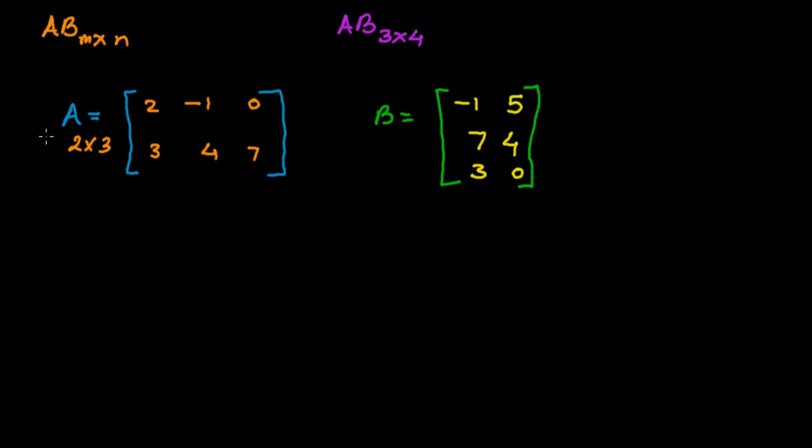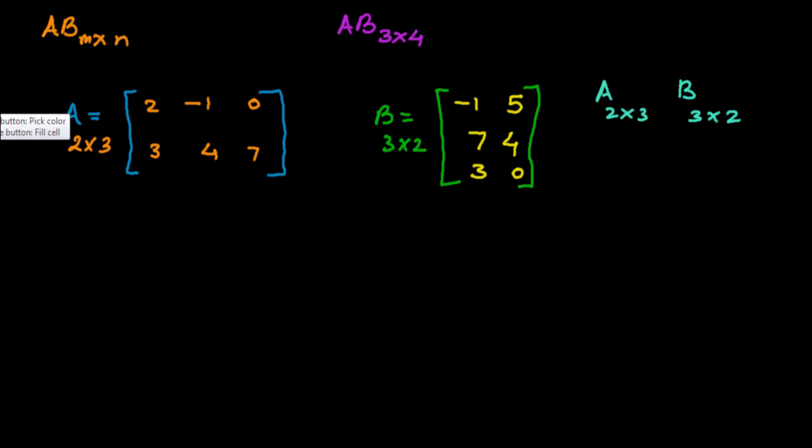The order of this matrix is 3 rows and 2 columns, so 3 by 2. So matrix A has order 2 by 3 and matrix B has order 3 by 2.